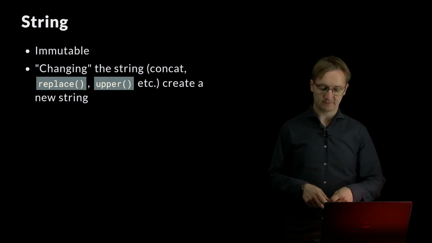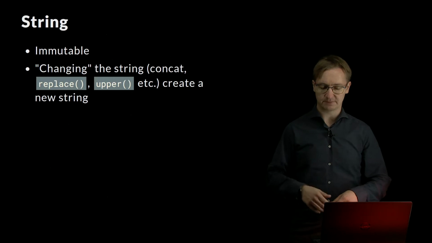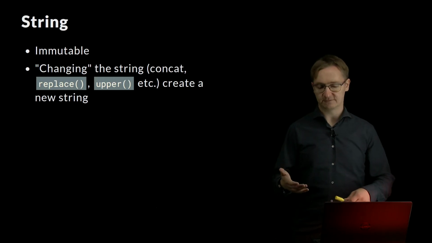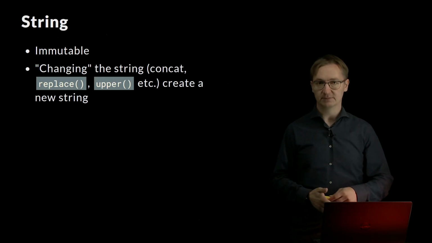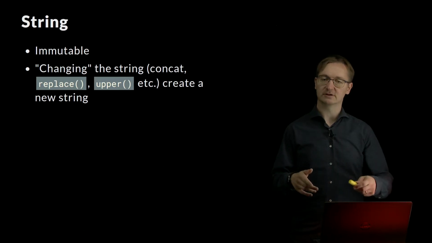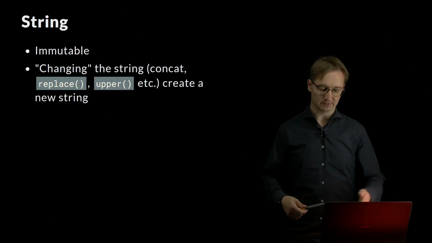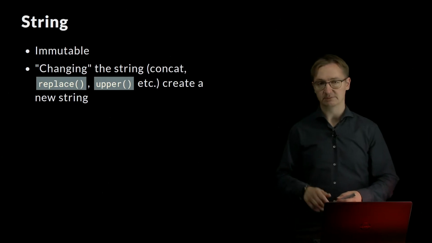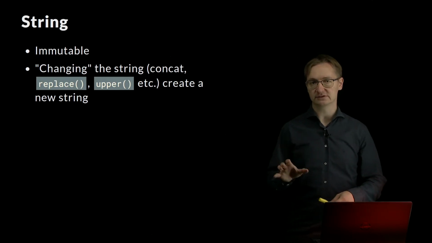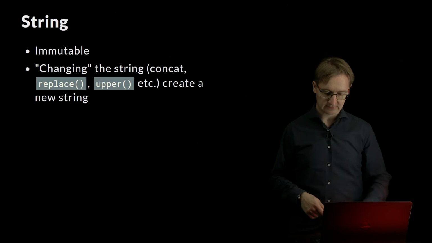Or for example, methods like replace or upper and so on, they kind of change the value, but actually the value is stored into a new variable or into a new slot in memory. So basically the original string remains the same.